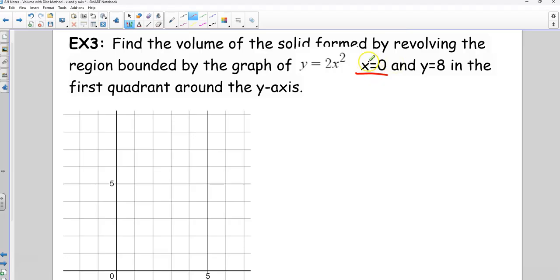So x equals 0, which axis is that? It's the y-axis here. Y equals 8. That's a horizontal line at 8. I'm going to graph it like it is right now, because it does not matter as far as graphing goes.